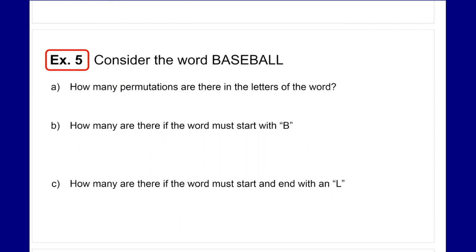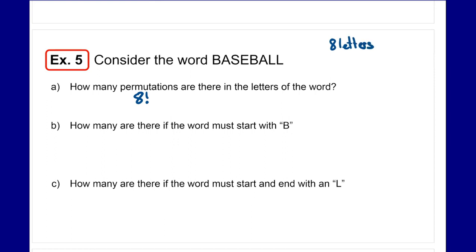Five, consider the word baseball. How many permutations are there in the letters of the word? So again, we have to think about, okay, in baseball, how many total letters do we have? We have 8 letters. 8 factorial. There are 8 letters.